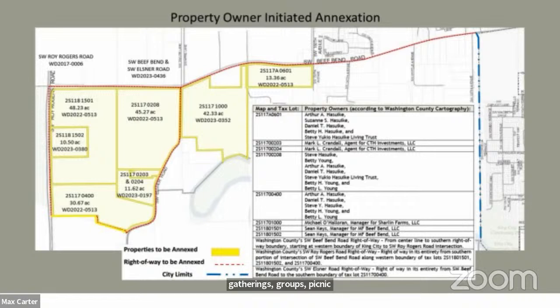Key features: a range of amenities that could include a playground, community garden, picnic shelters, nature play, activities like hiking and disc golf, access to Tualatin River, restrooms, and parking. Pathways connect the park to the larger regional trail network. And 20 acres, ideally in the 15 to 30 acre range.